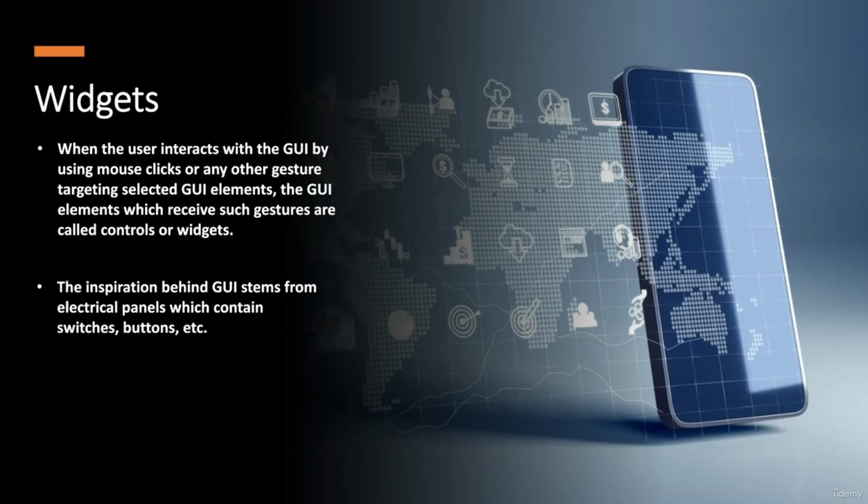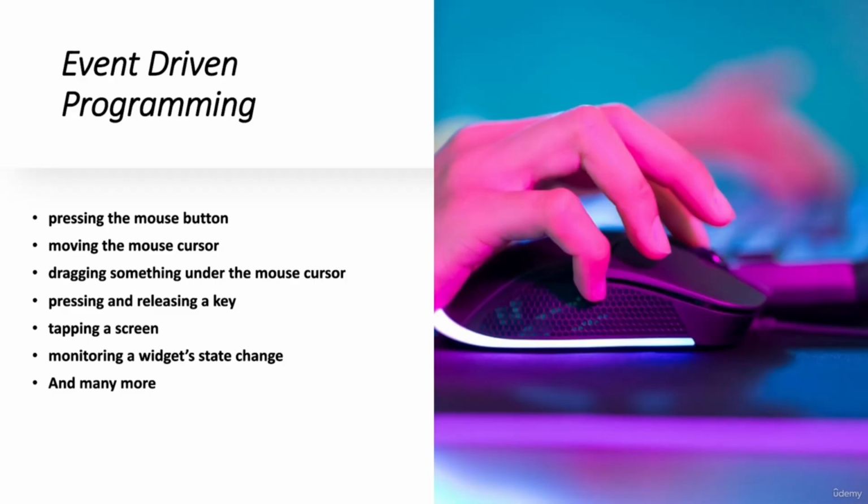When the user interacts with the GUI by using mouse clicks or any other gestures, targeting selected GUI elements, the GUI elements which receive such gestures are called controls or widgets. The inspiration behind GUI stems from electrical panels, which contain switches, buttons, etc.